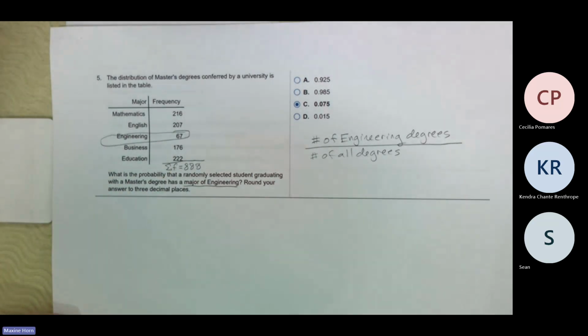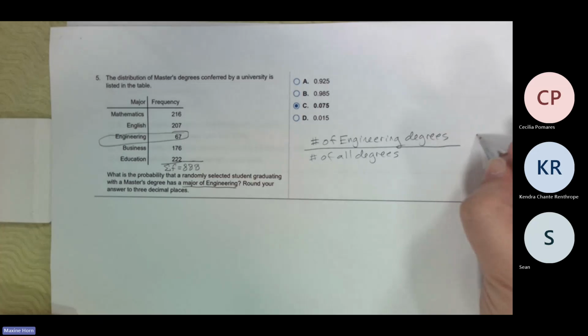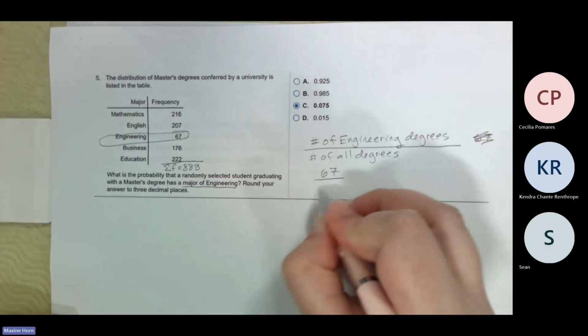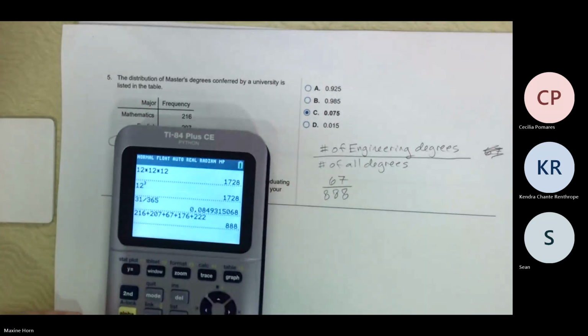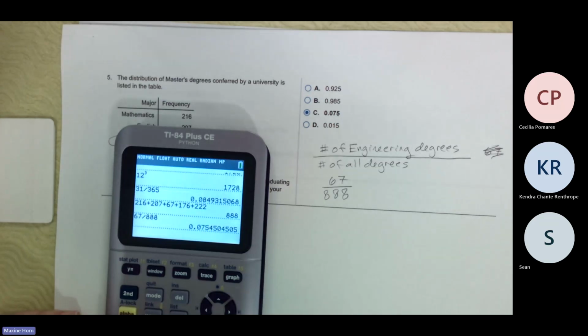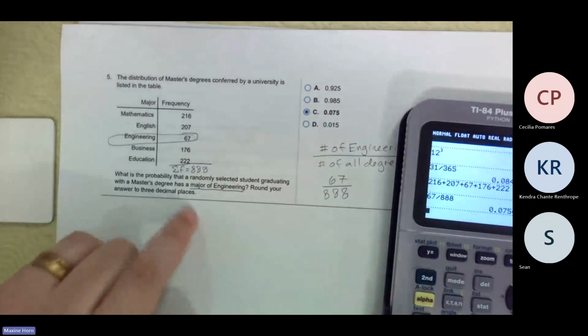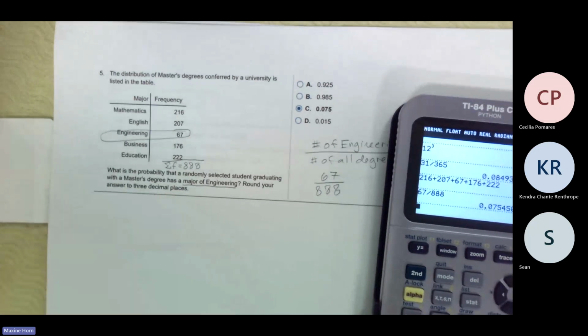Okay, so engineering, 67. So we have 67. Oh, can't really see that. We have 67 over 888. So we're going to plug that into our calculator. And we get a decimal, and it told us to go to 3 decimal places.